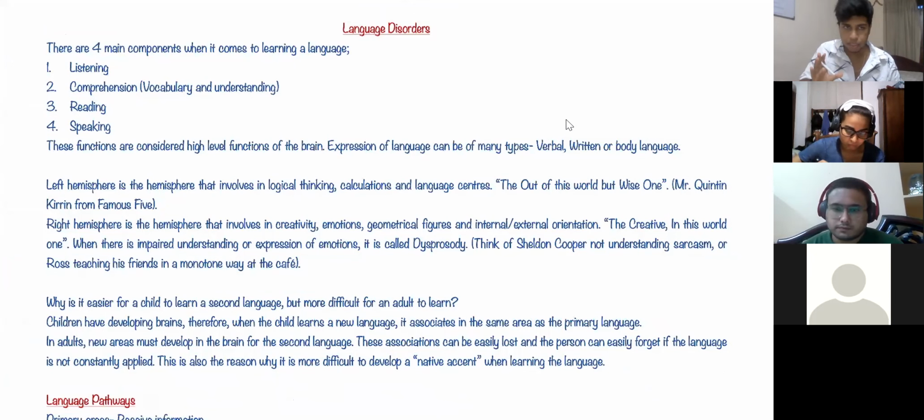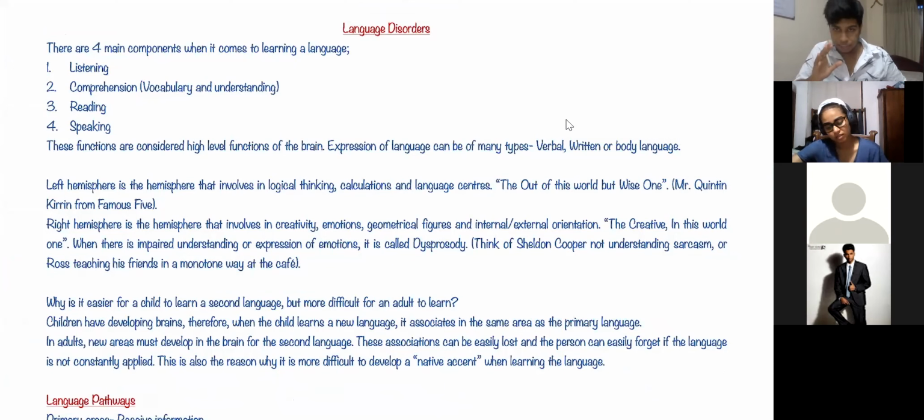But there are some people in which the right hemisphere can have it. And are they left-handed people or right-handed people? If their left hemisphere is dominant, are they left-handed or right-handed? Right-handed people. Yes.